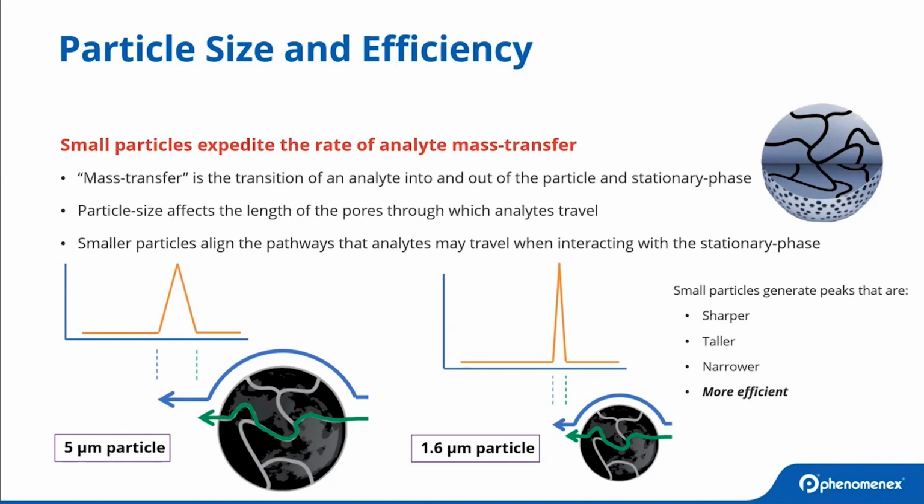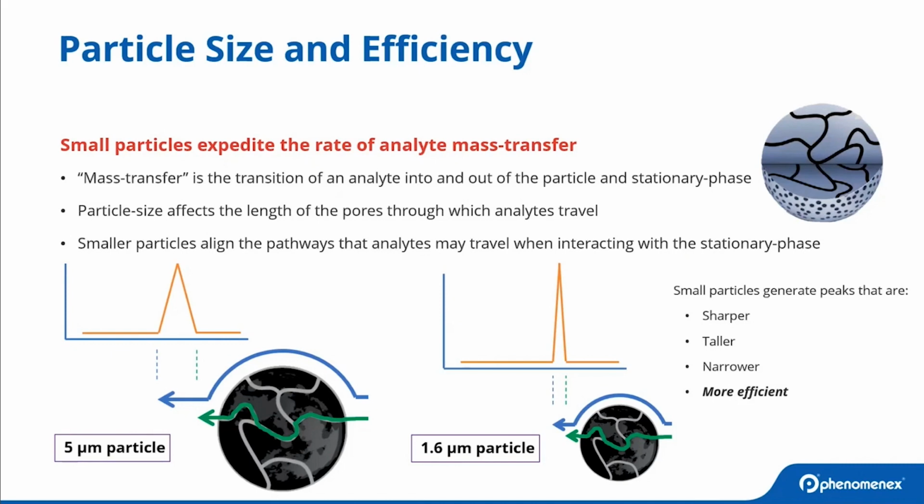Smaller particles, however, are more apt to keep our analyte band tight and compact and consolidated so as to ultimately generate peaks that are sharper, taller, narrower, and more efficient.